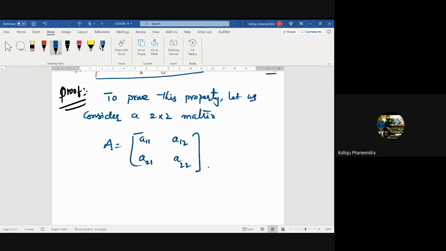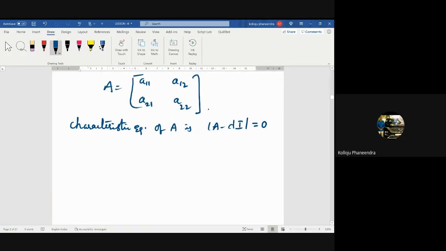I have to find the eigenvalues first, right? So the characteristic equation of A is determinant of A minus lambda I equal to 0. This gives the determinant with A11 minus lambda, A12, A21, A22 minus lambda, equal to 0. From the diagonal positions, I subtract lambda.